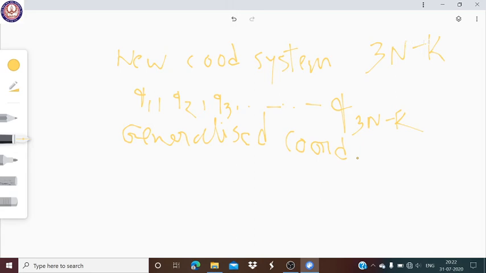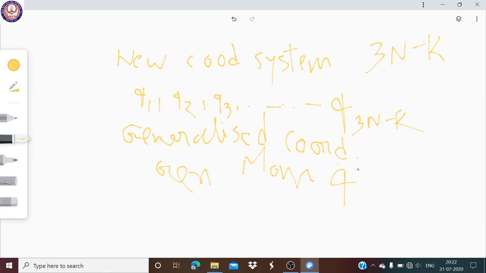We can also define generalized momentum. Generalized momentum is defined in terms of q dot.